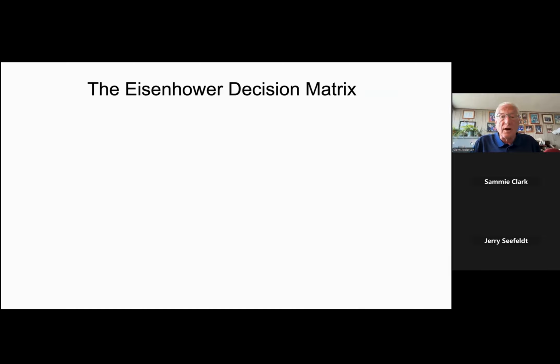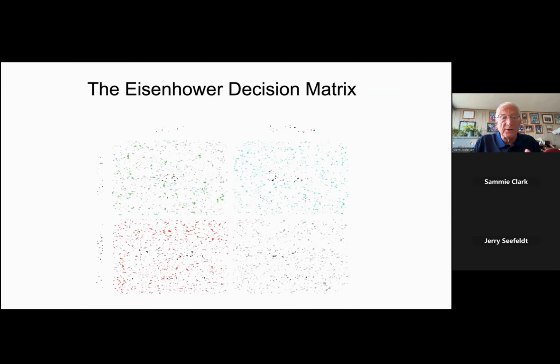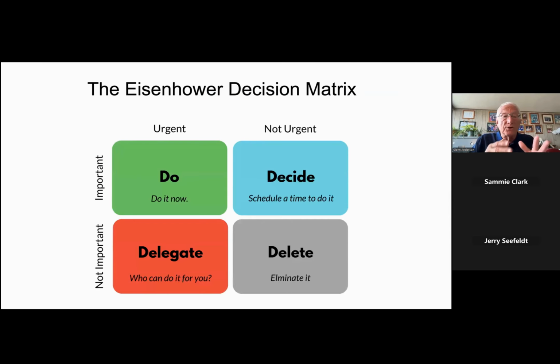And Stephen Covey, when he was writing the book, The 7 Habits of Highly Effective People, took that speech and turned it into a matrix that measures importance versus urgency. And he named this matrix after President Eisenhower.